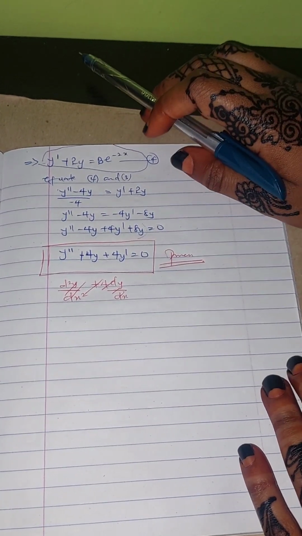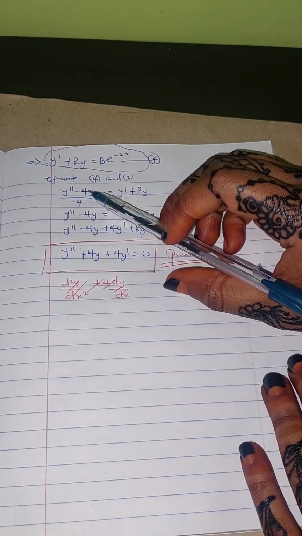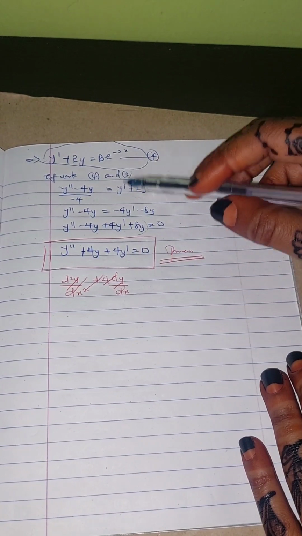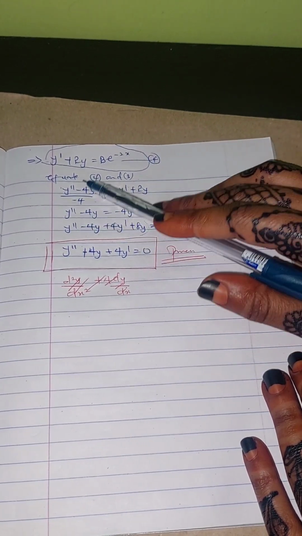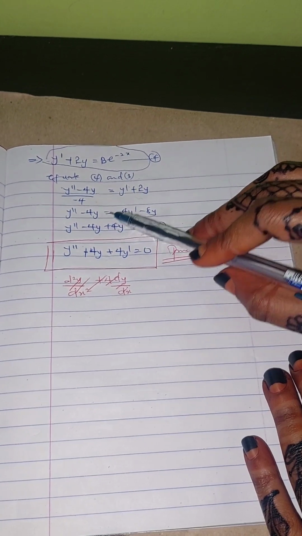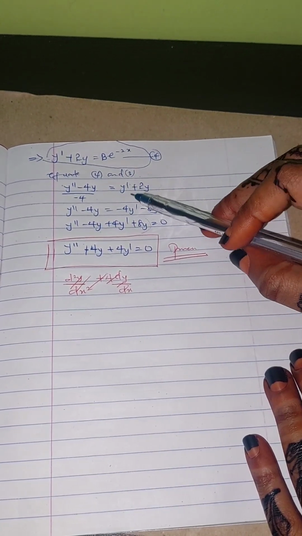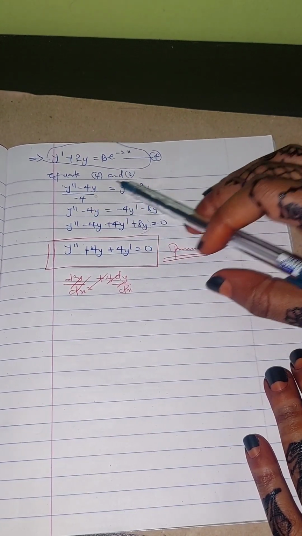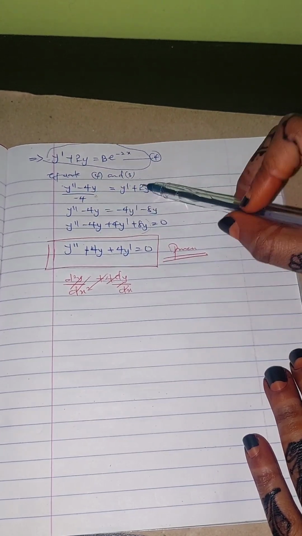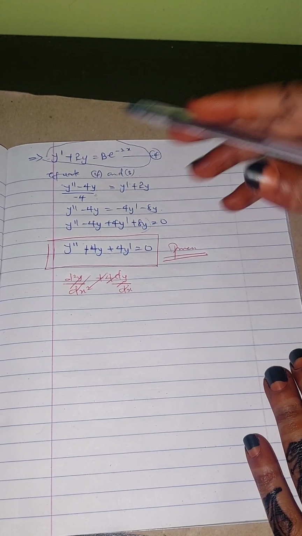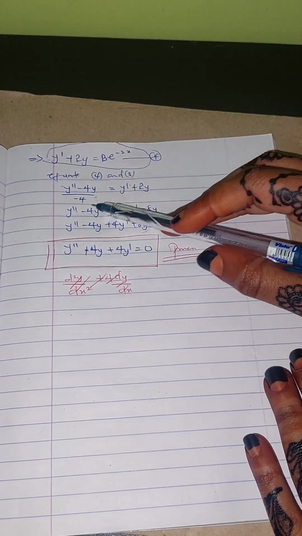I can automatically equate both, so I'll just have y double prime minus 4y over minus 4 equals y prime plus 2y. Then I can cross multiply, so I have y double prime minus 4y equals minus 4 into bracket this, so I'll have minus 4 into all this. So I have minus 4y prime, minus 4 times 2 is minus 8y. And I have y double prime minus 4y.